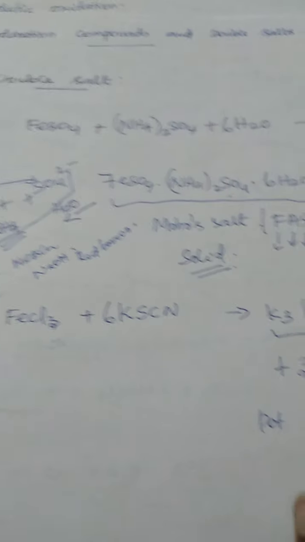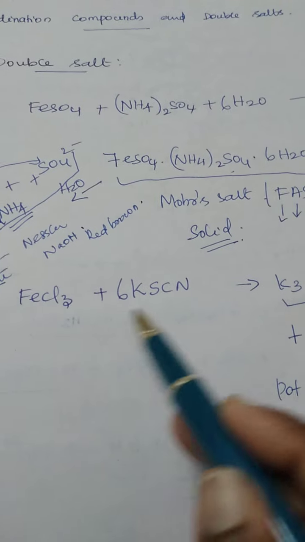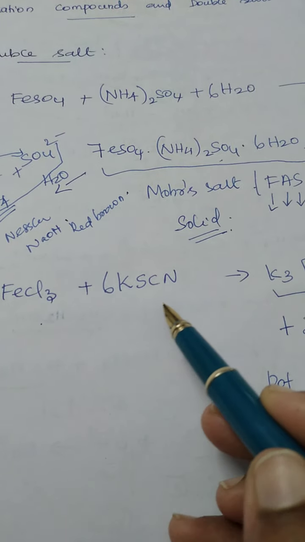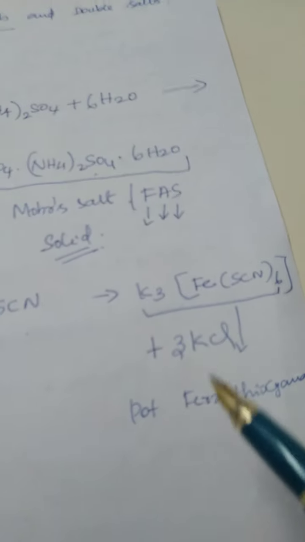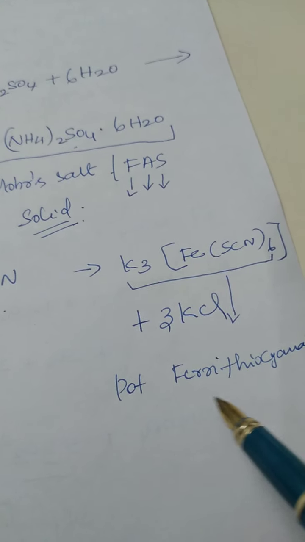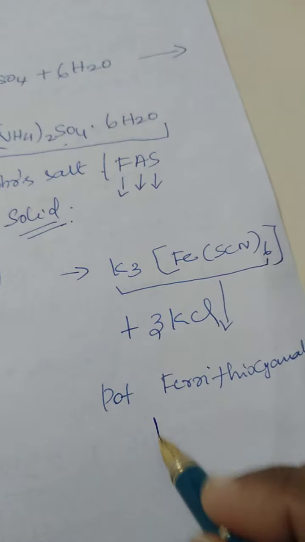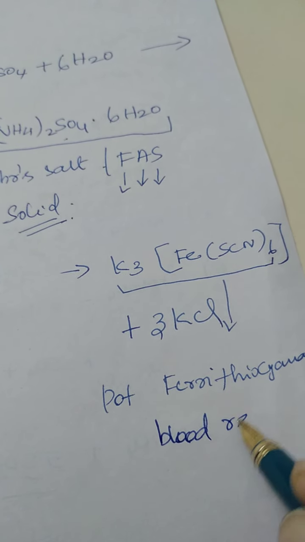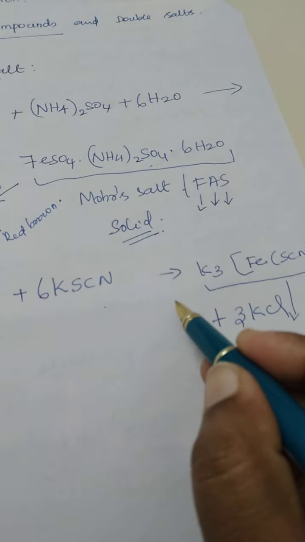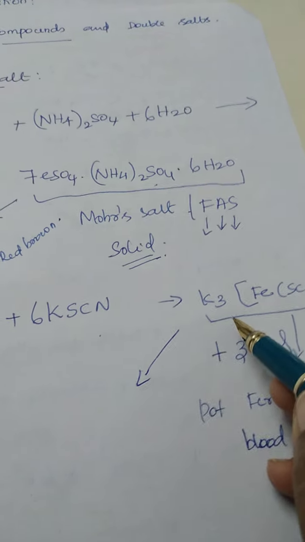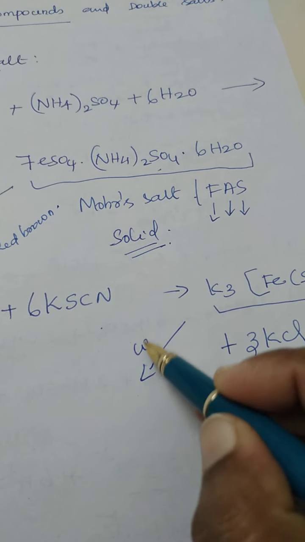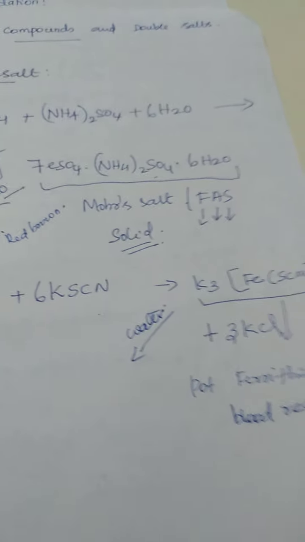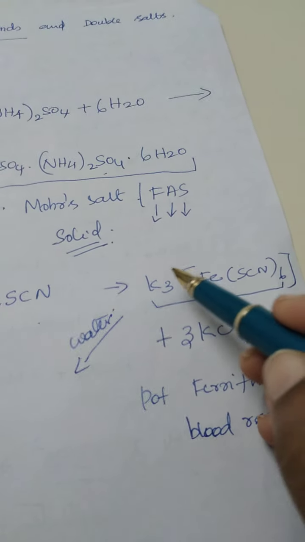But in the same way, after treating ferric chloride and potassium thiocyanate, they got a substance called potassium ferrithiocyanate, which is blood red in color. Now they are going to add water into this. They dissolved it in water, and they were expecting 3 ions. What are the 3 ions?